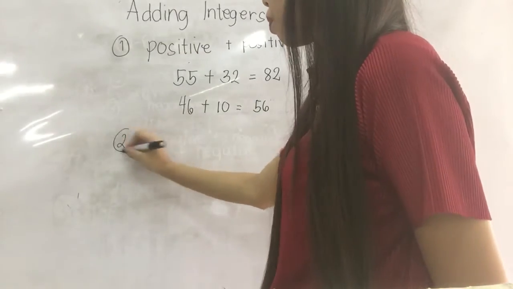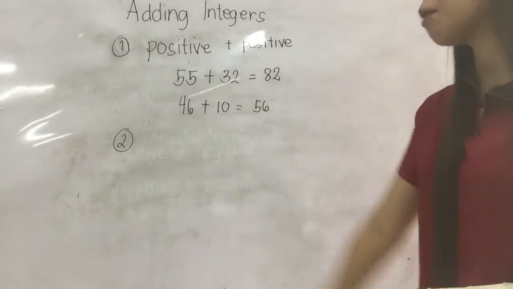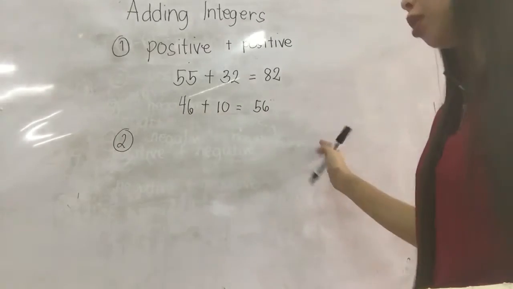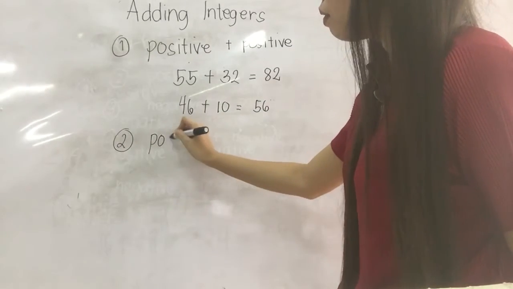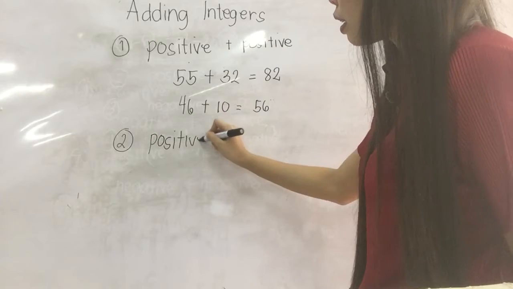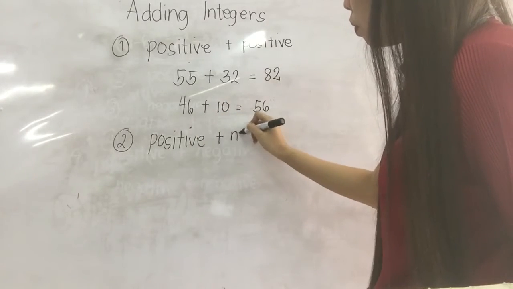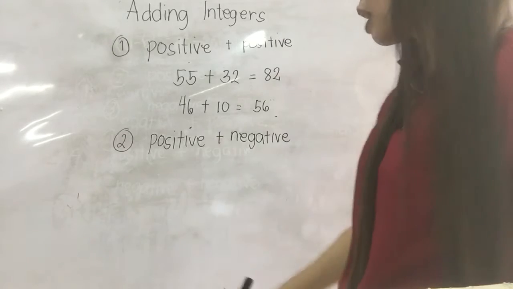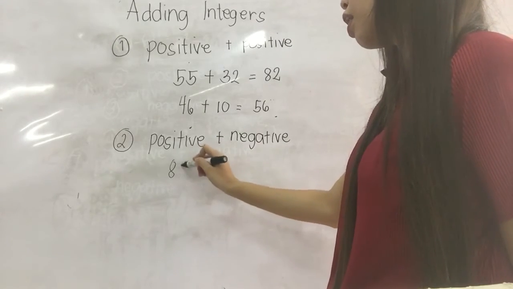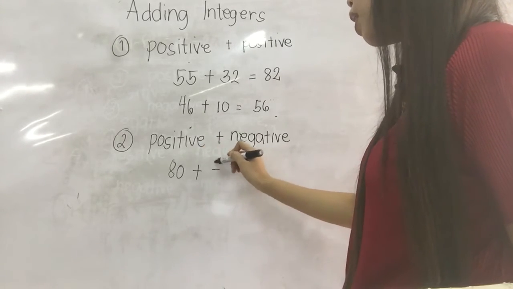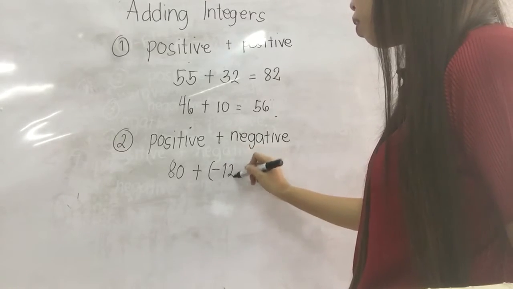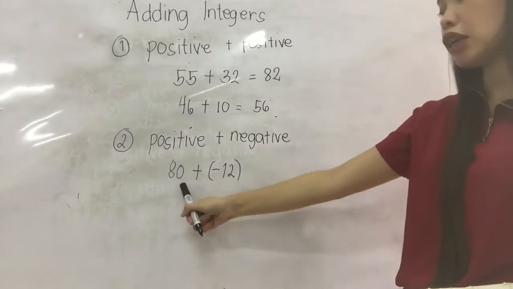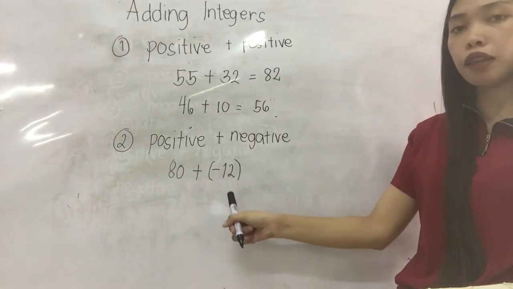Next, adding a positive and a negative number. Positive plus negative. For example, positive 80 plus negative 12.